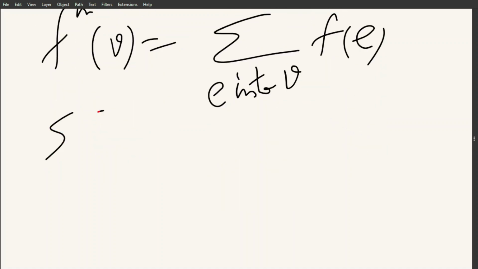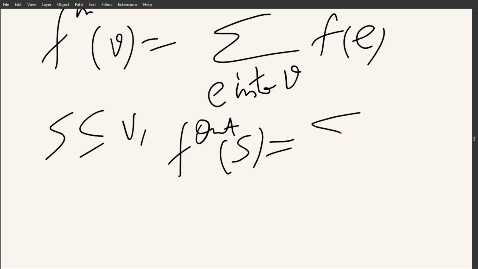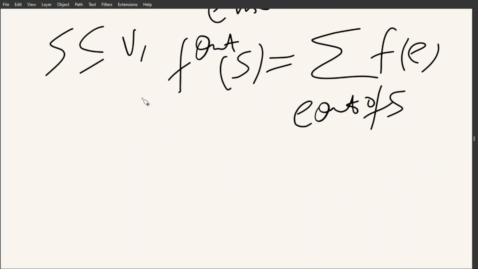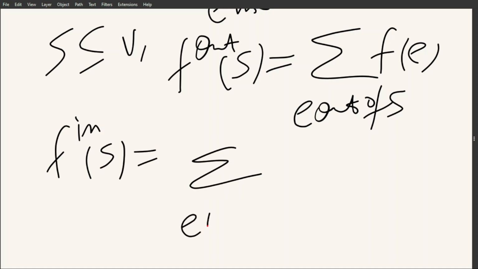Taking any subset S of V, we define F out of S. Same idea, just make a boundary around the subset S, see what are the edges which are crossing it, going out of S. So the sum of all Fe, E out of S. Same way we can define F in of S, flow coming into S, just opposite: F in of S is the sum of all Fe, E into S.